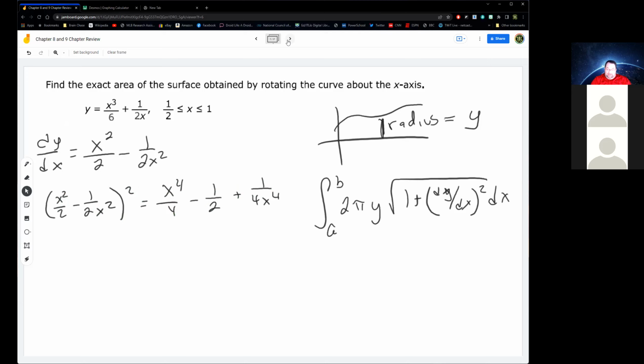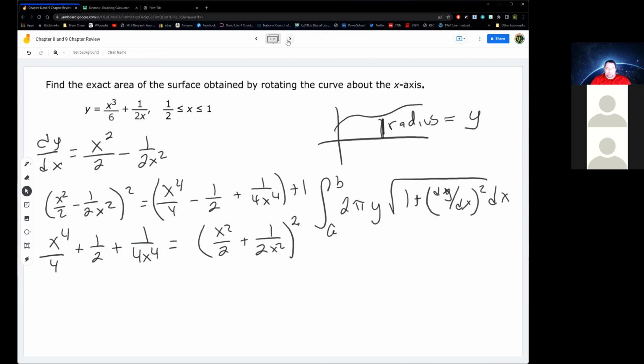Then if I'm adding the 1 to it for the square root, we get x to the 4th over 4 plus 1/2 plus 1 over 4x to the 4th. So we end up getting just my original part squared.